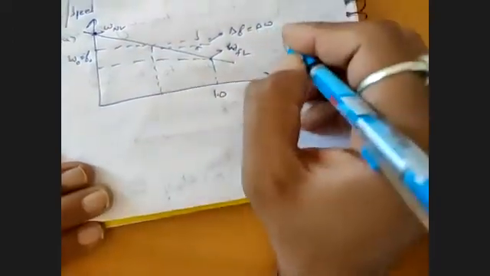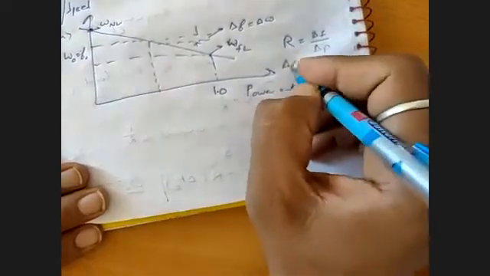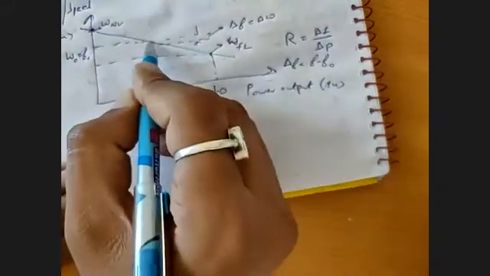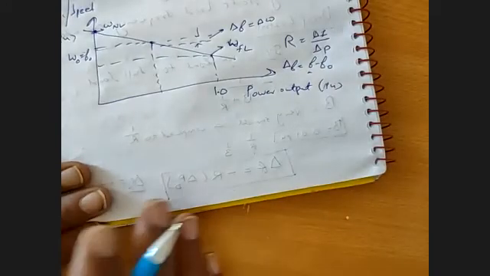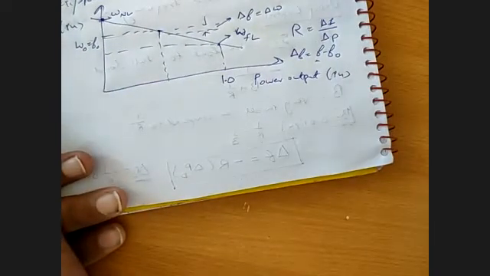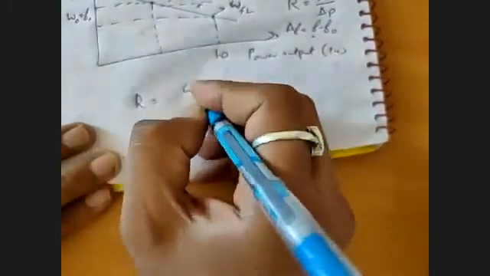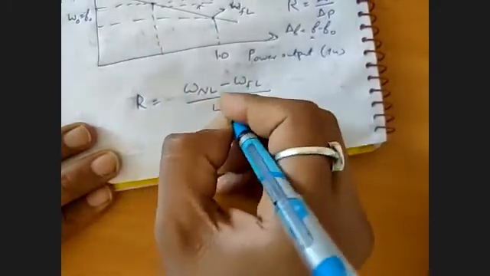And we are saying that R equal to delta F upon delta P, where delta F is F minus F naught. F naught is your initial operating position, and F is the new frequency of the system. And R equals omega no load minus omega full load divided by omega naught into 100.